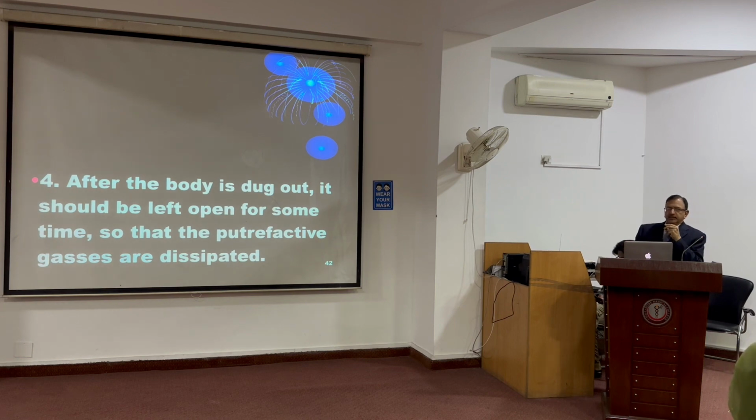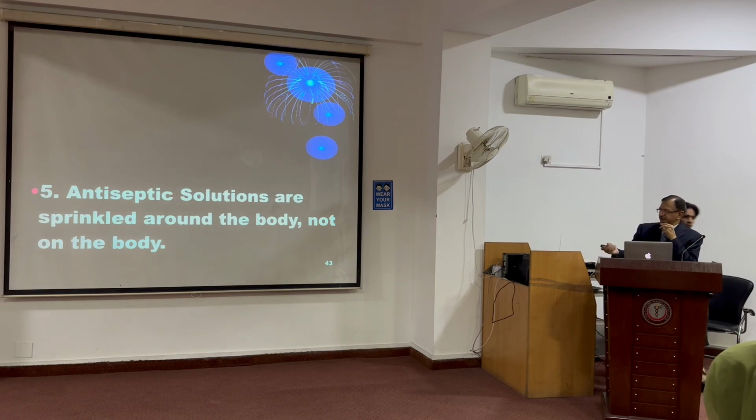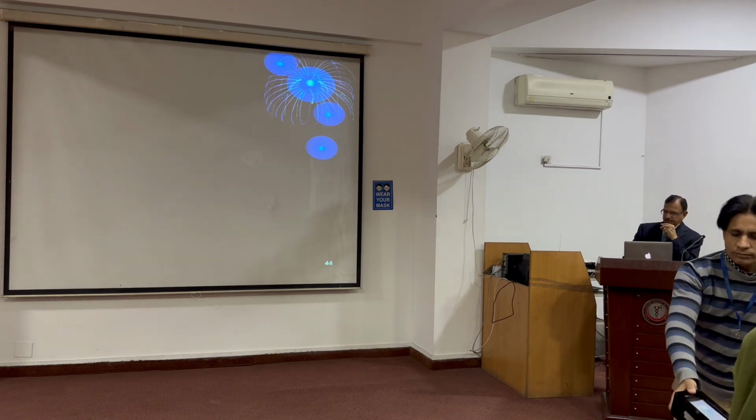Then when the body is dug out and put on the wooden board, it is left there for some time so that the gases which are emitting out of the dead body are dissipated and the smell is reduced. Then the antiseptic solution is sprinkled around the body, not on the body.